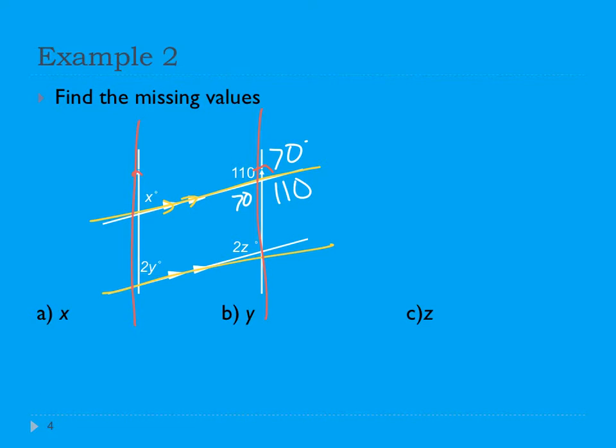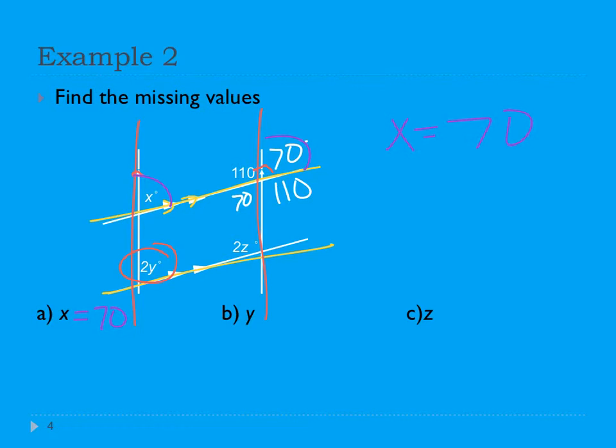How are they all the same? So how would I match X with something? What would X match with? Y. Good. X would match 70, so X would be 70. Okay. How would I solve for 2Y?